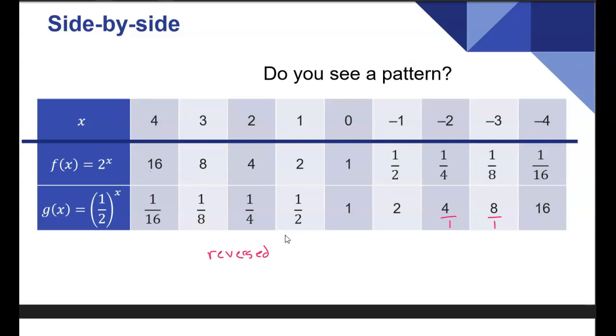So they're reversed order, and at any particular input, they're also upside down. And we have a fancy word for that. We call those inverses. Upside down just means it's inverse.